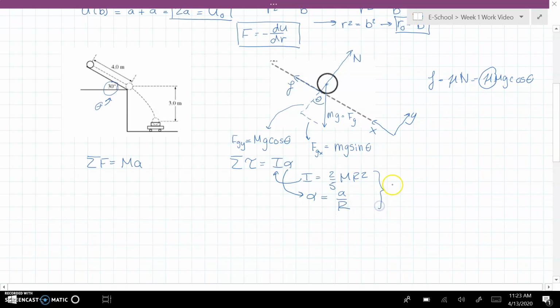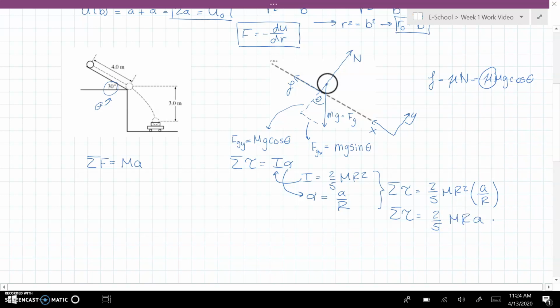That gives me that my sum of the torque is equal to 2/5 m r squared times a over r. We can simplify that a little bit further: I'm going to cancel one of my r's, and I get that the sum of the torque is equal to 2/5 m r times the acceleration a.